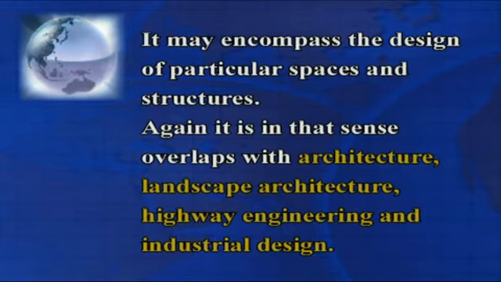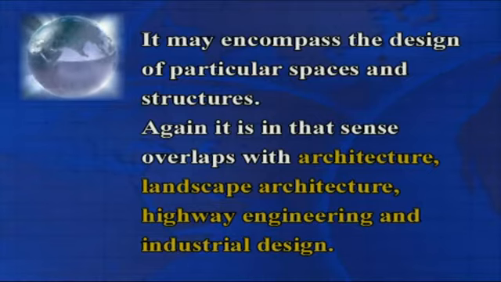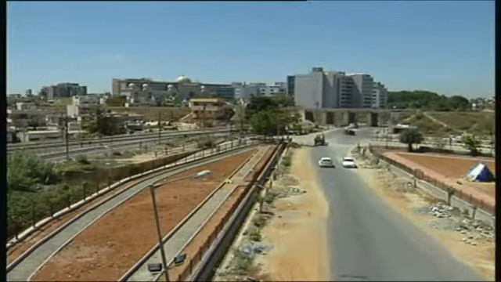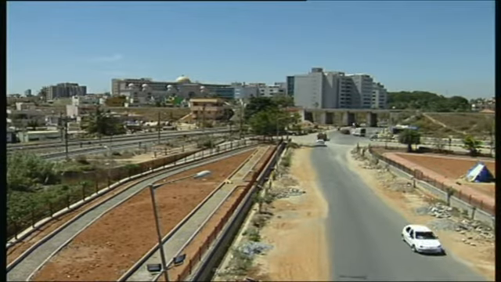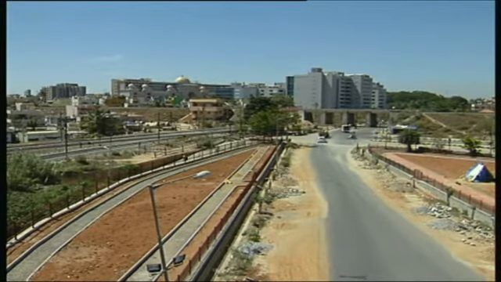Again, in that sense it overlaps with architecture, landscape architecture, highway engineering and industrial design. It may also deal with place management to guide and assist the use and maintenance of urban areas and public spaces.